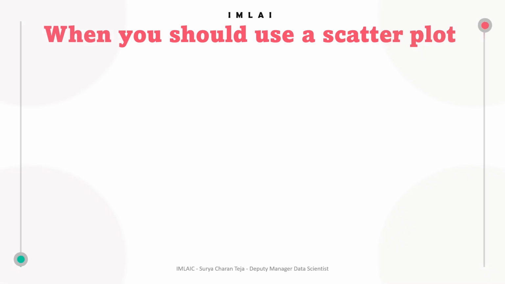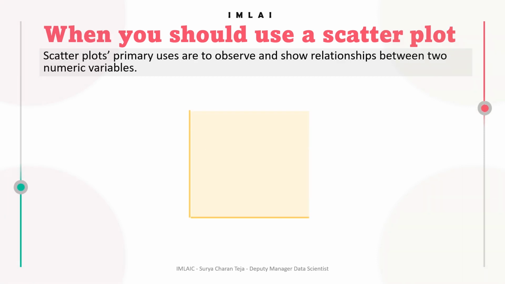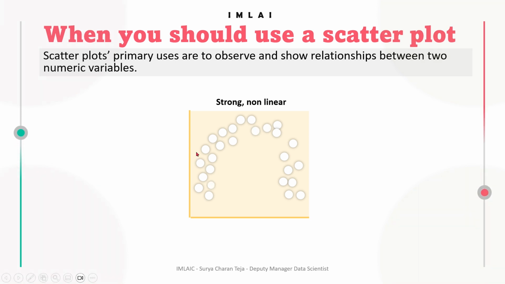And the third one: so far we have seen the linear ones, so now we'll be looking at the non-linear ones also. Non-linear ones, based on the shape we will get to know that, and whether they are strong or moderate, you can understand by looking at how closely the data points are packed.